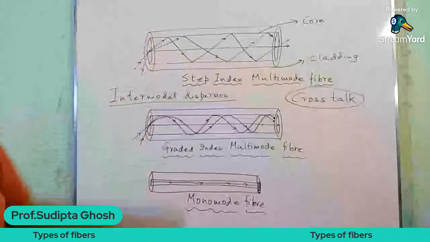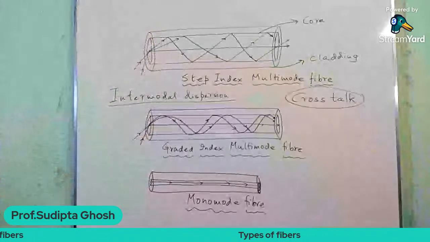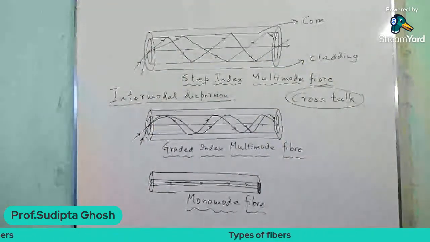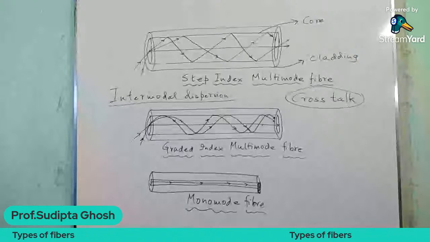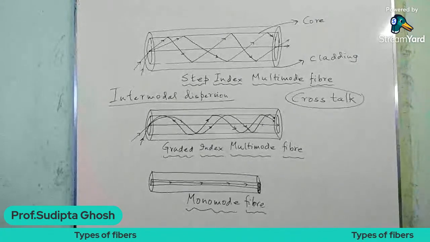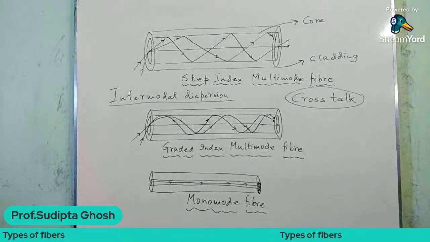If the angle of incidence at the core cladding interface becomes less than the critical angle, what happens? A part of the light escapes, and it again causes the crosstalk phenomenon.